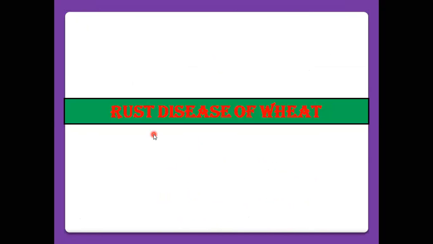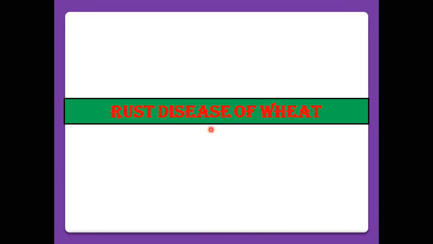First of all, we will discuss rust disease in the wheat crop. In wheat, rust symptoms are generally seen on all the growing varieties and are produced by three types of rust.